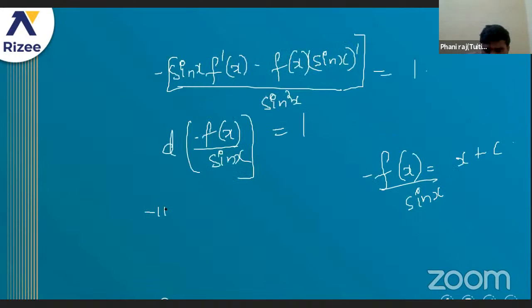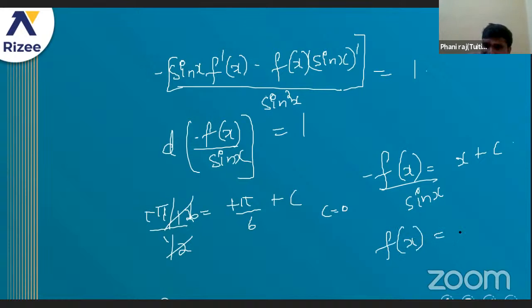So minus of minus is plus pi by 12 by 1 by 2. This is equal to pi by 6 plus c. So c equal to 0. Hence f of x equal to x sin x.